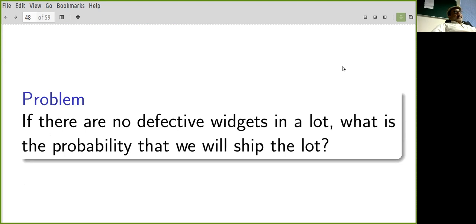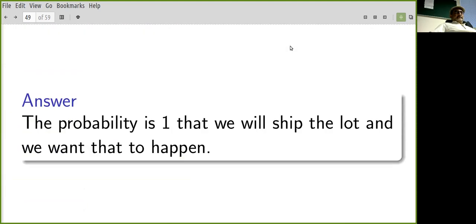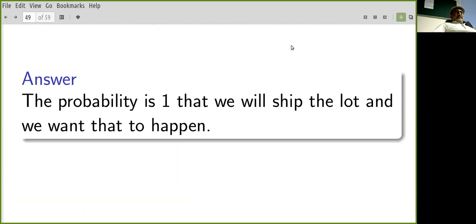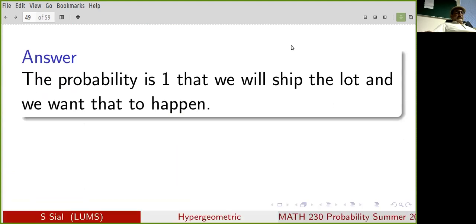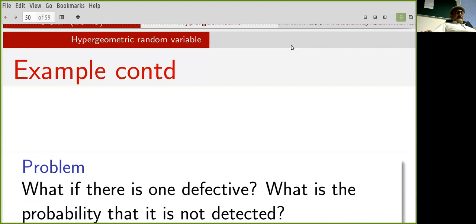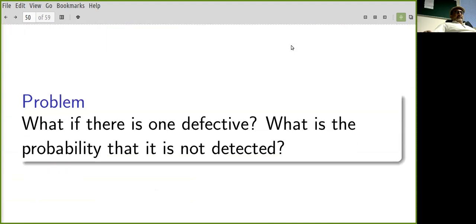We take 5 of them and we destroy them in the testing, and we don't find any defective widgets. So if there were no defective widgets in the lot, then this policy would work and we would ship the lot. So the probability is 1. And that's fine for us.